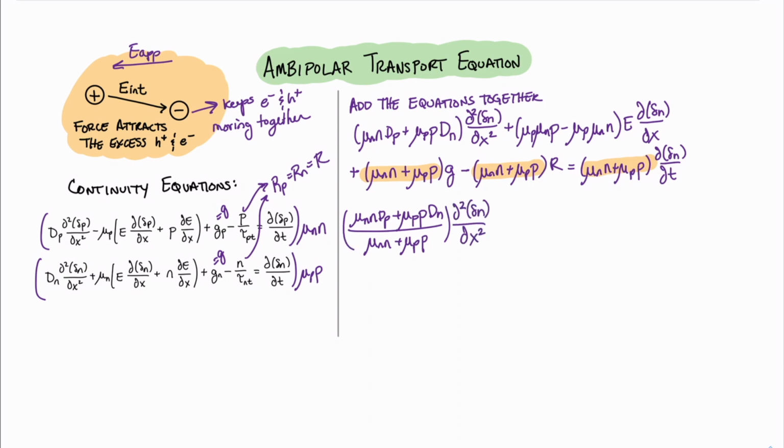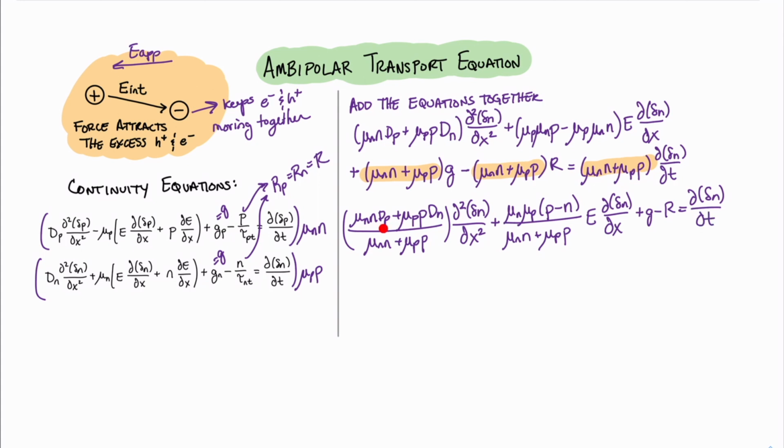And for our second term, we're going to have plus mu P mu N times P minus N divided by mu N N plus mu P P. And that's going to be times the electric field plus the first derivative of delta N with respect to x. And then we have our generation term plus G, our recombination term minus R, and that is equal to the time rate of change of our excess carriers.